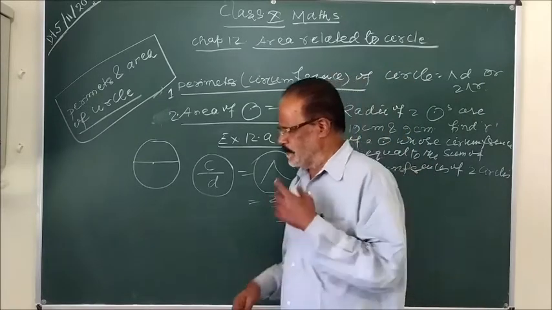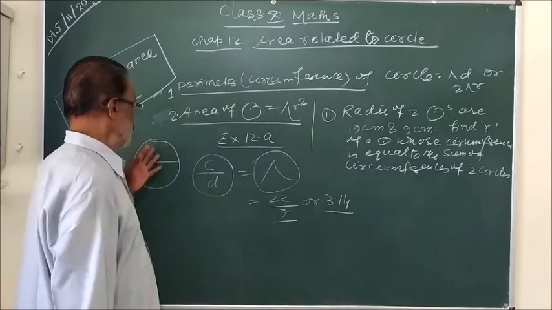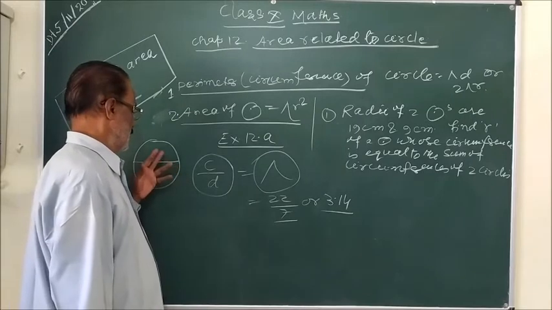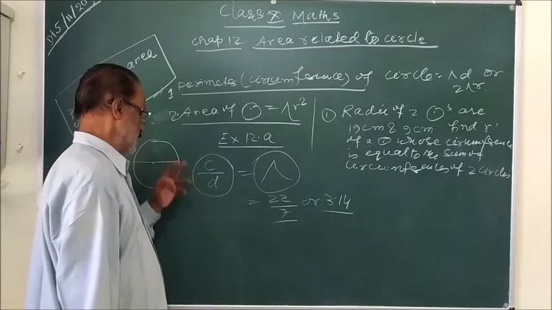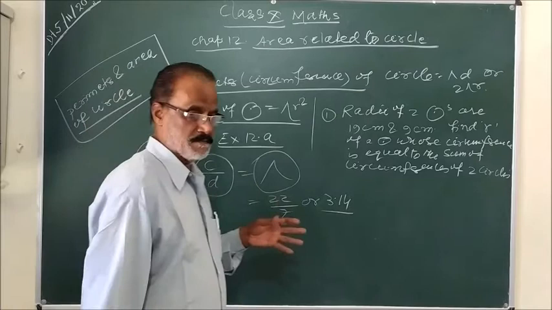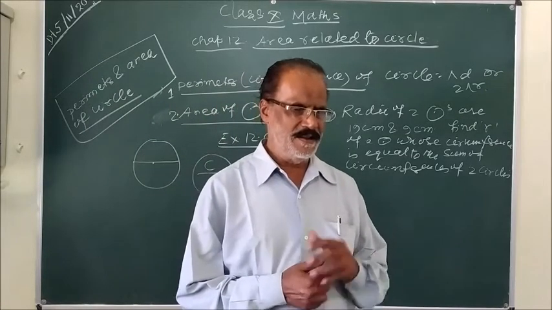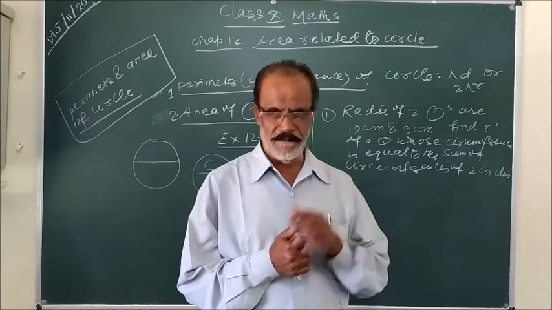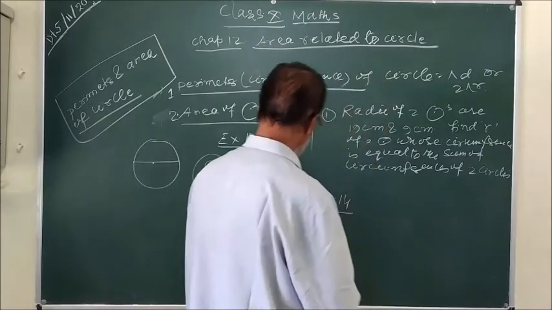This has been verified by the Indian mathematician Aryabhata. He calculated the ratio of circumference and diameter by drawing many circles, and it was found that the ratio is always the same, constant.